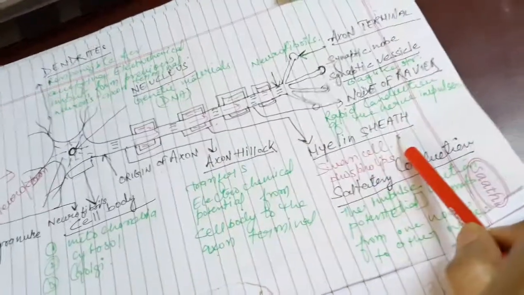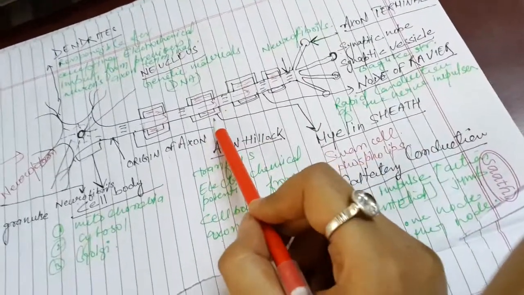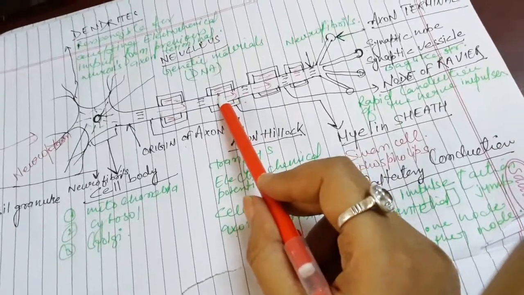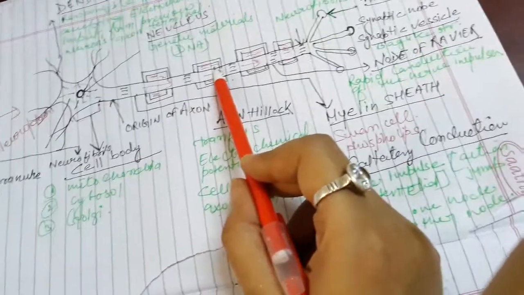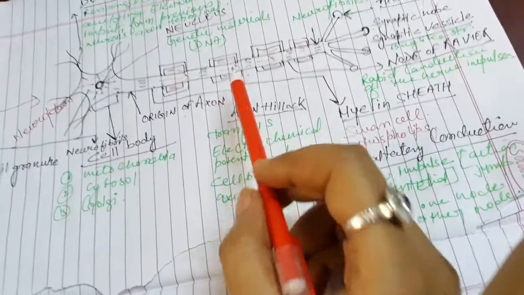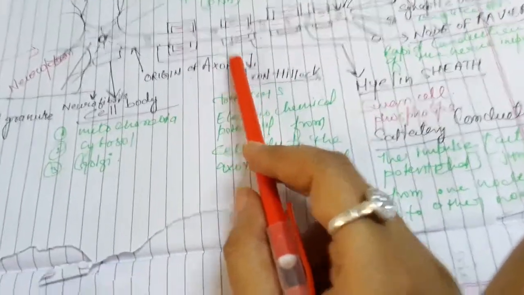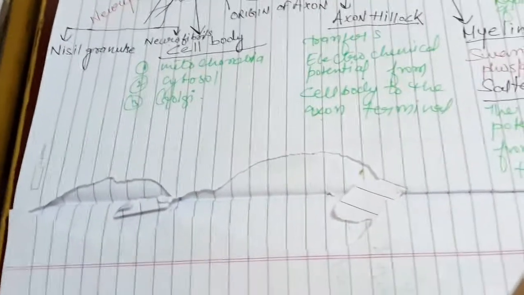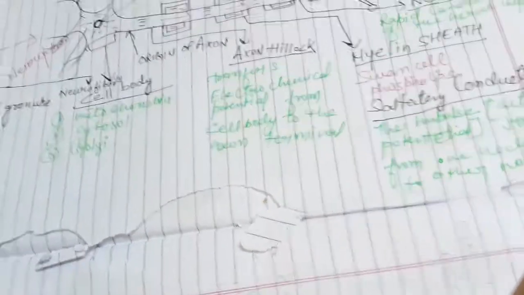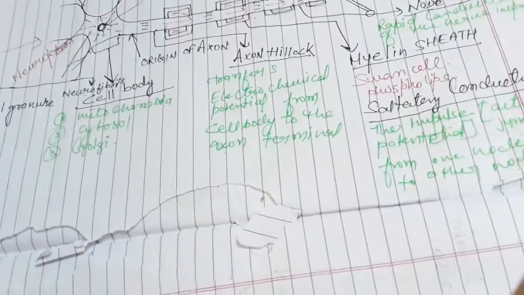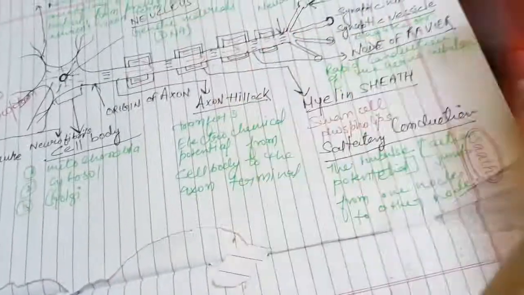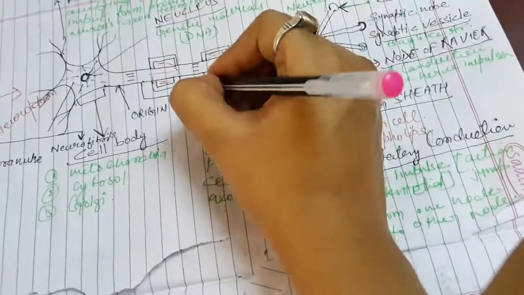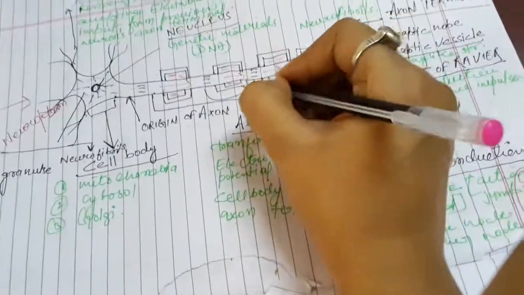The myelin sheath is composed of Schwann cell. In this myelin sheath, the red shaded area is filled with phospholipid. The function of this is saltatory conduction. In saltatory conduction the impulse, the action potential, jumps from one node to another node, like this.